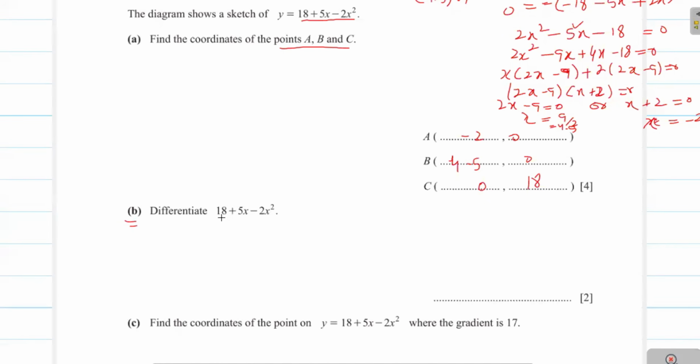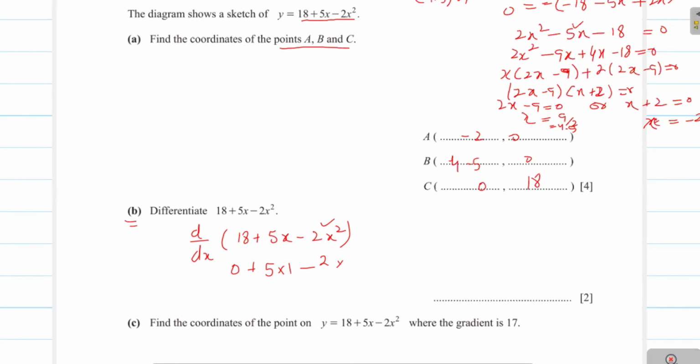Part B, differentiate 18 plus 5x minus 2x squared. Now differentiate with respect to x, d over dx of 18 plus 5x minus 2x squared. The derivative of 18 is 0. The derivative of 5x is 5 into 1, minus the derivative of 2x squared.